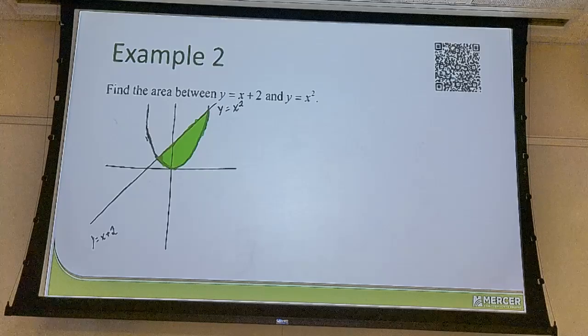That's the area we're looking for, right? What happened there?